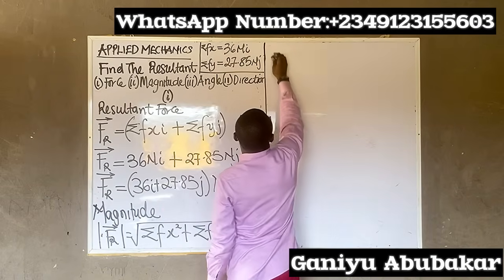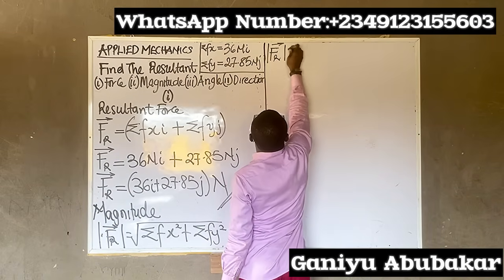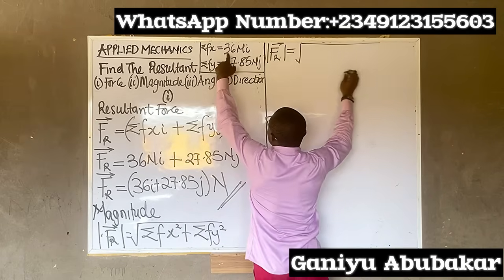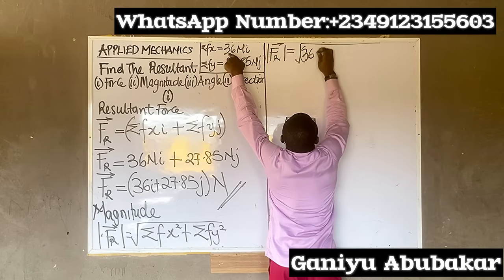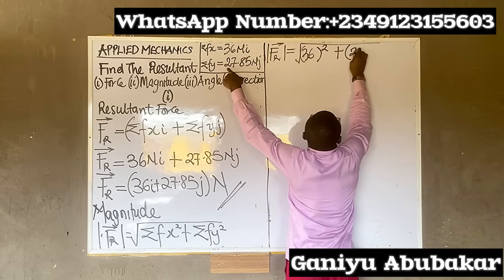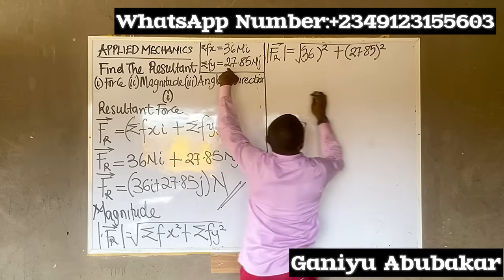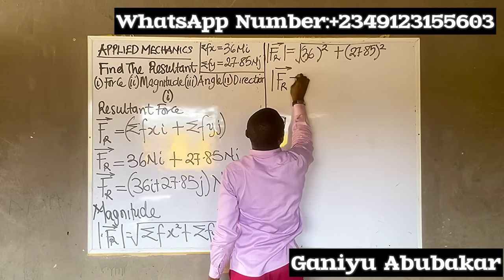From here, the magnitude of the resultant force is equal to the square root of summation f of x, which is this value, 36, squared, plus f of y, 27.85, all squared.